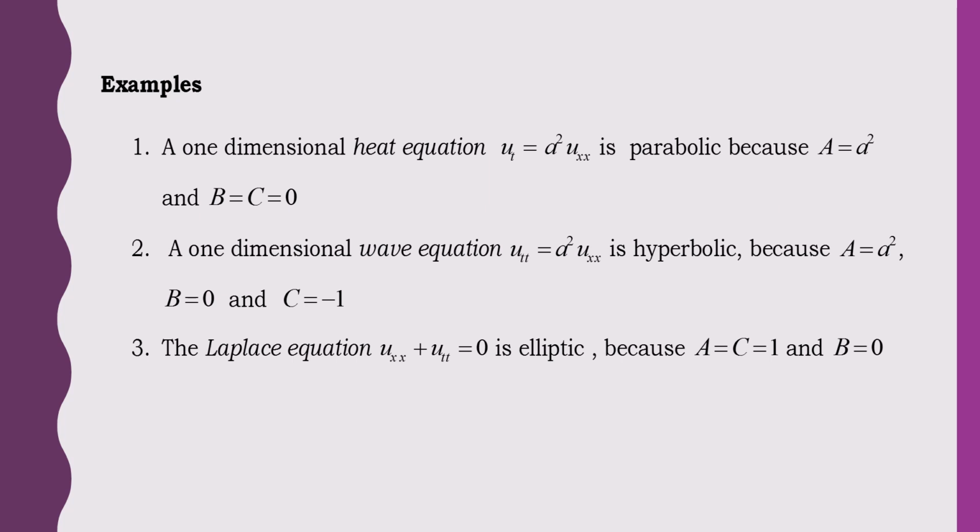For this equation, the values of capital A, capital B and capital C are capital A equals 1, capital B equals 0 and capital C equals 1. If we find b square minus 4ac, we get -4, which is negative.